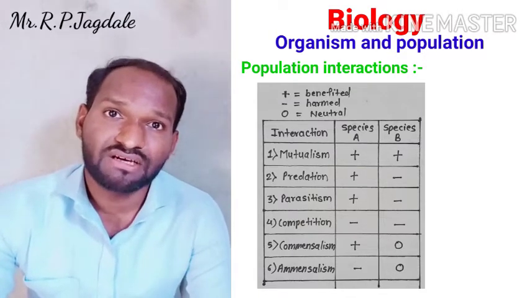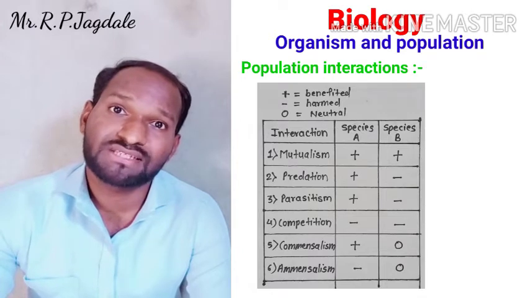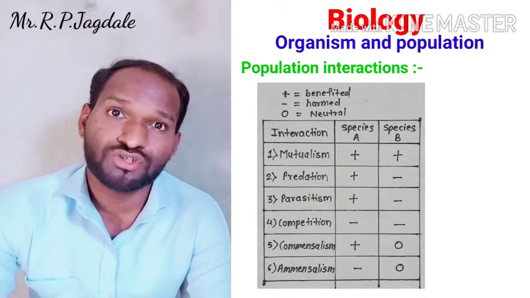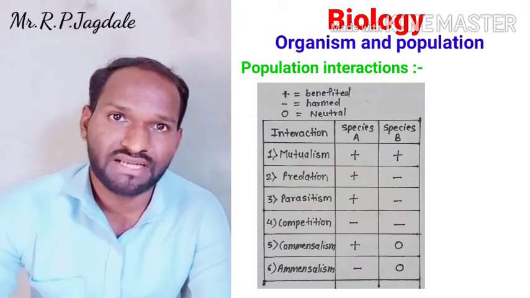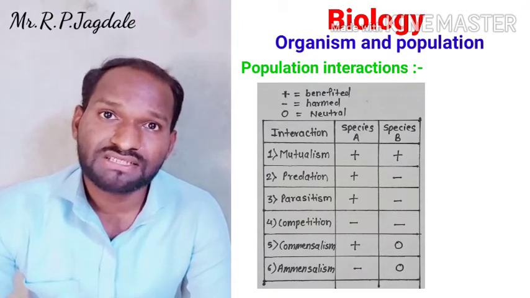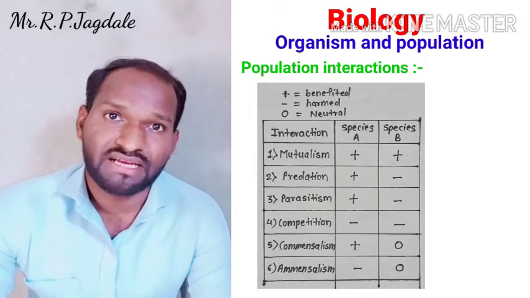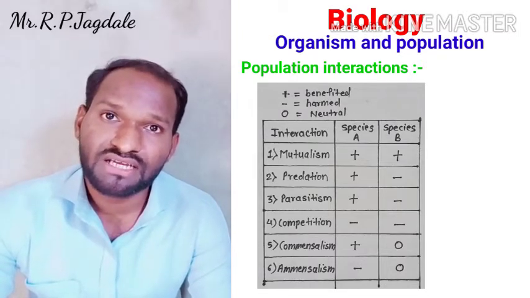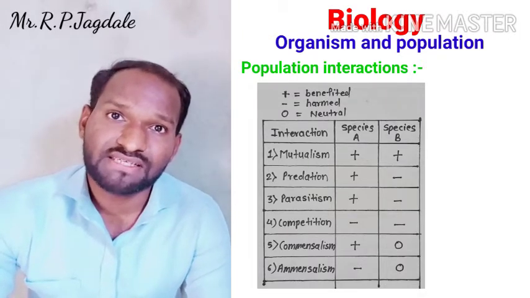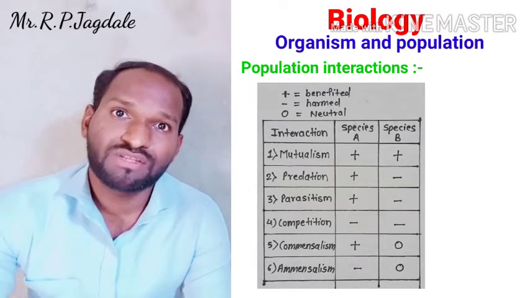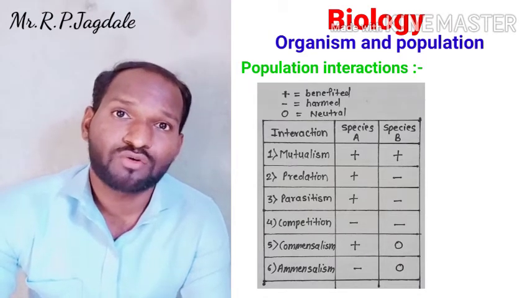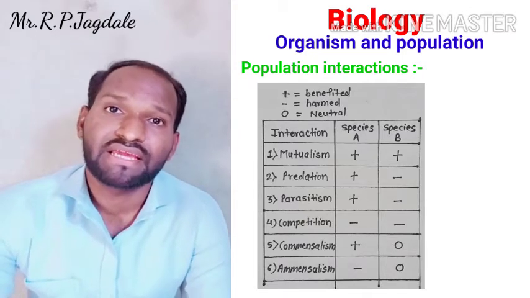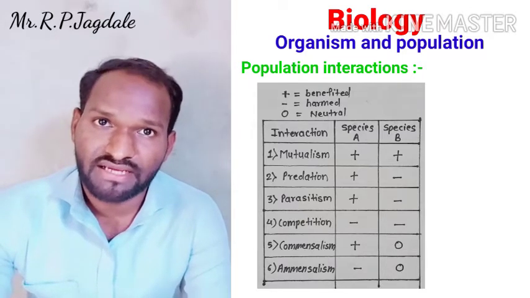First is the positive type of interaction, where both species are benefited. The second is the negative type of interaction, where one or both of the species are harmed.